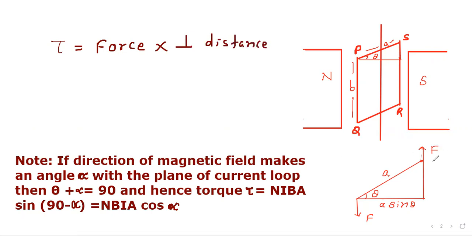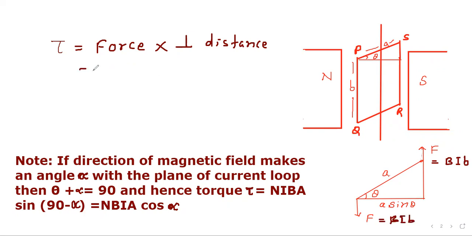So force will be F, which is equal to B I L, and here the length of this side on which force is acting is small b, so BIb. Similarly, this will also be BIb.